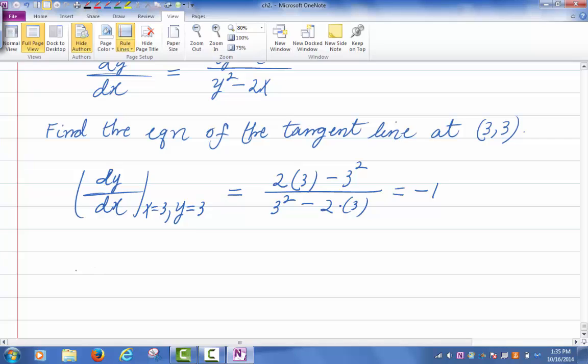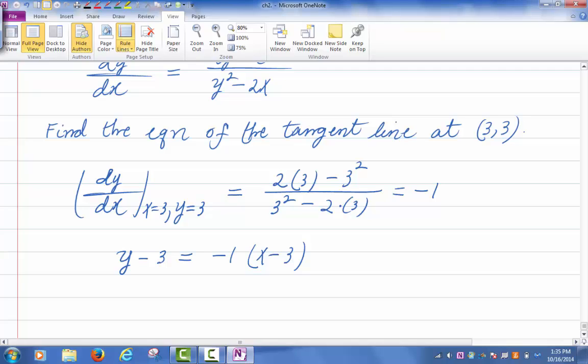So what's the equation of the tangent line? y minus 3 equals negative 1 times (x minus 3), and you can simplify it a little bit by multiplying out on the right hand side, but that's the equation of the tangent line.